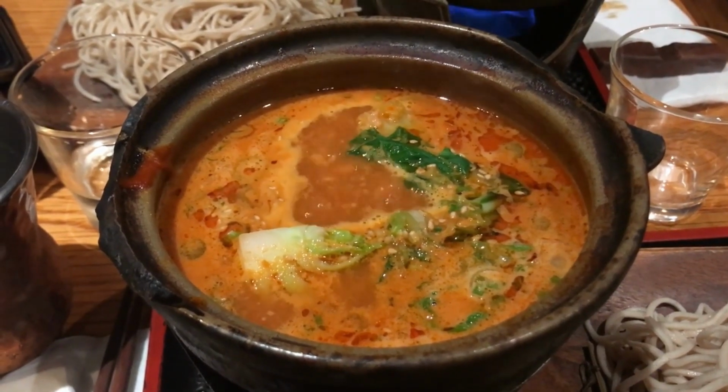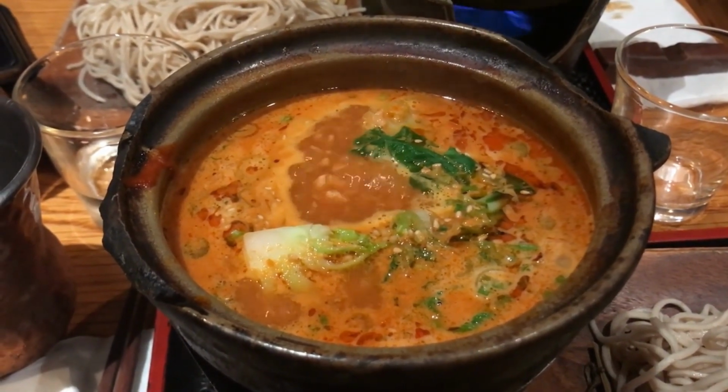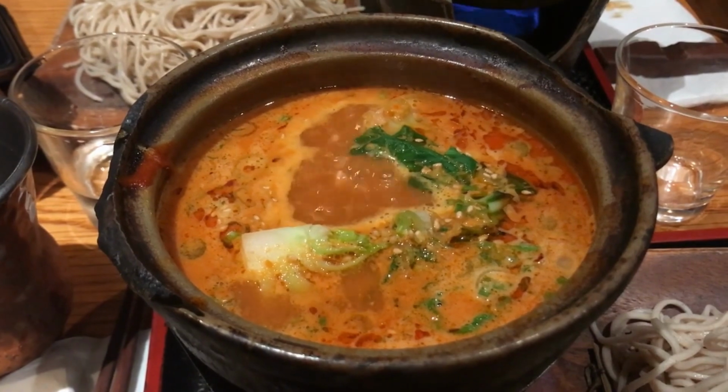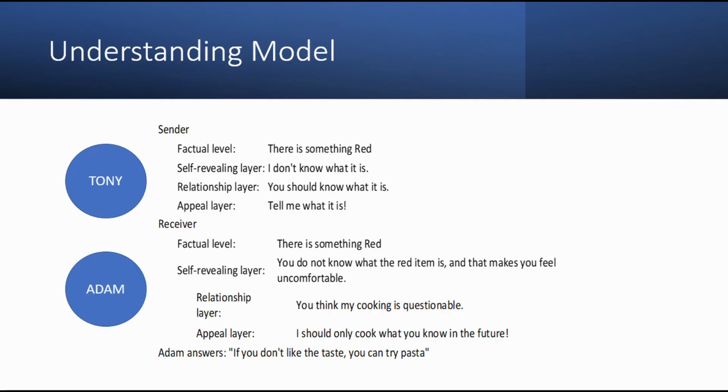Now, let's understand the four sides model from both the sender's and the receiver's perspective. So the sender is Tony here, who said, there is something red in this soup. What the fact is here is that the soup has something red, which Tony is asking about.